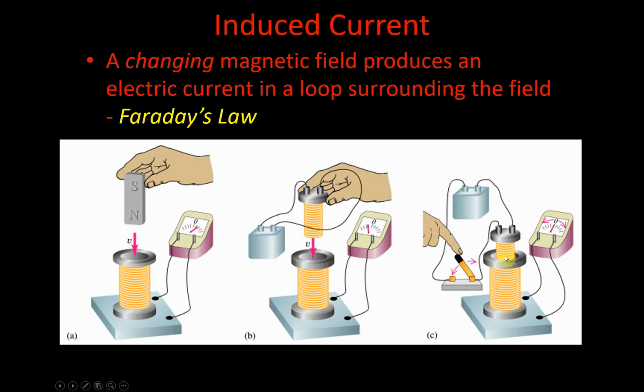You can also have the opposite effect here, and you can change your magnetic field by switching your system on and off. So here you've got an electric current going through this coil, and you can move this switch and you can generate electricity in both directions.